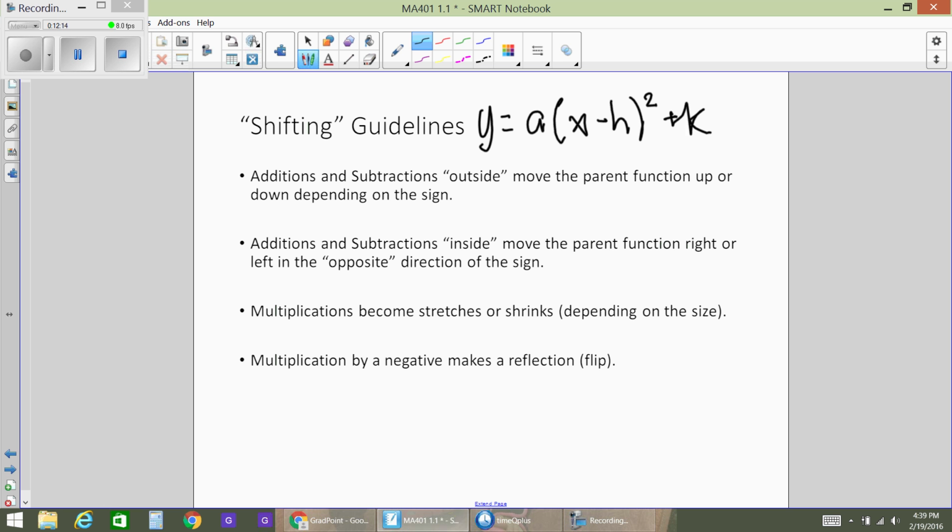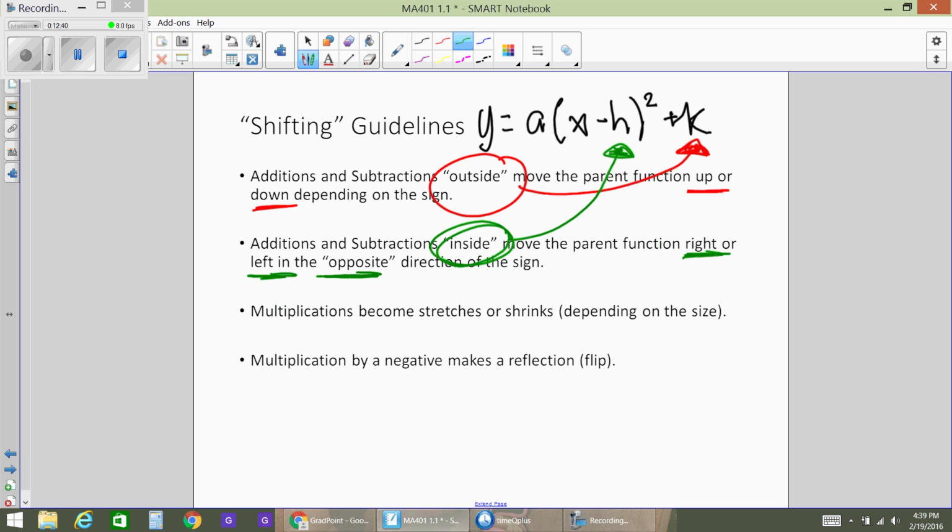When they're talking about additions and subtractions outside, moving up or down, they're talking about the k value. When they're talking about additions and subtractions inside, moving the function right or left, they're talking about the h value, but it is the opposite direction of the sign.